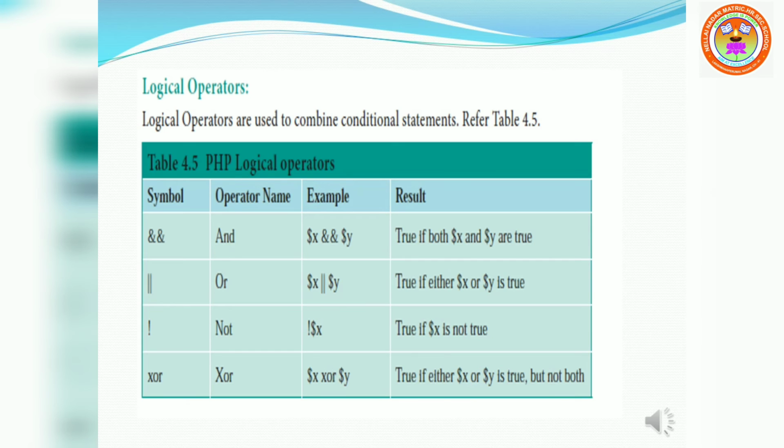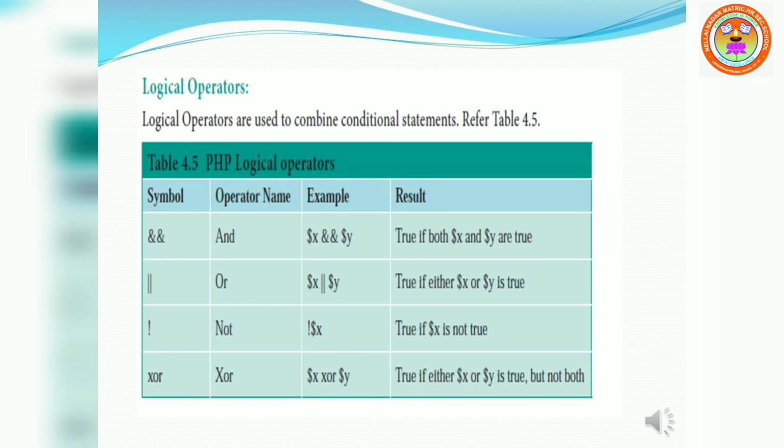Not: true if $x is not true. If it is not true, it will return true. XOR: true if either $x or $y is true, but not both. See, this is the opposite of OR, read as exclusive OR.